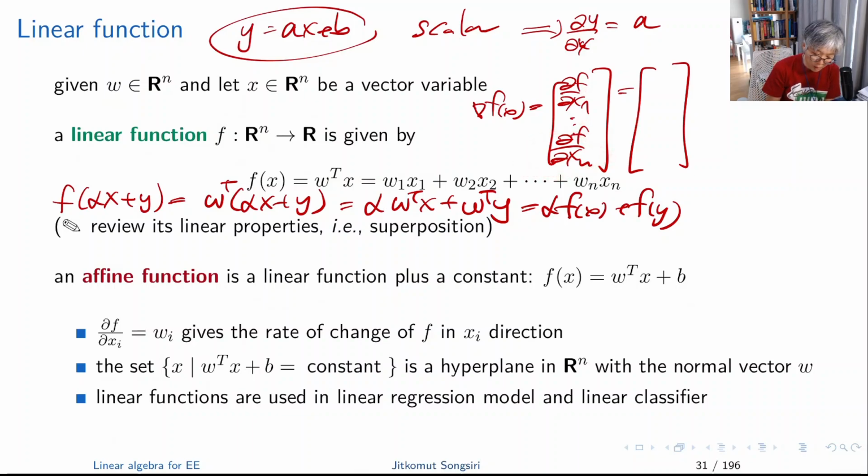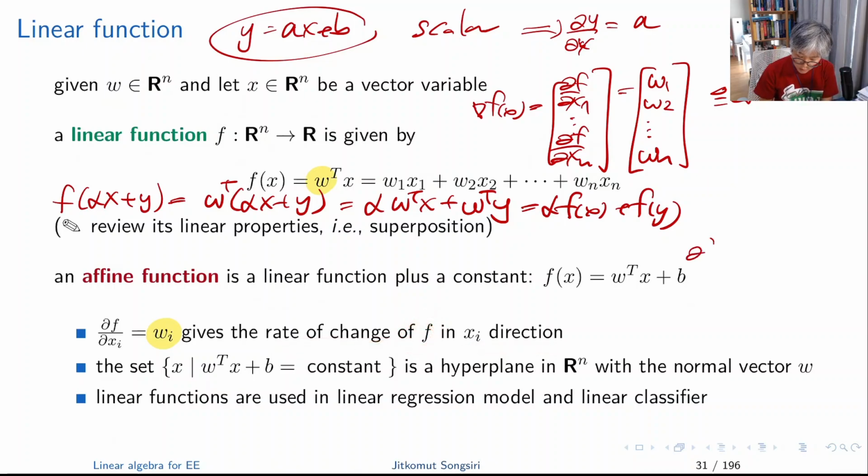And you can see for the linear function that the gradient is given by w1, w2, dot, dot, dot, wn. So it's actually the coefficient w here that plays the role of the gradient vector. The ith component of the gradient gives you the rate of change of your function f in the xi direction.